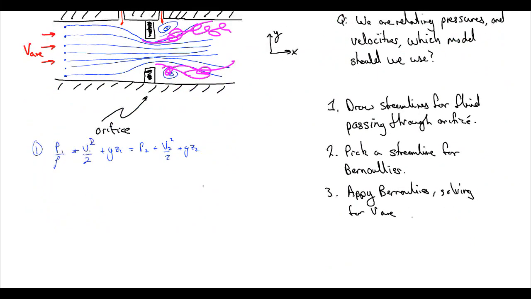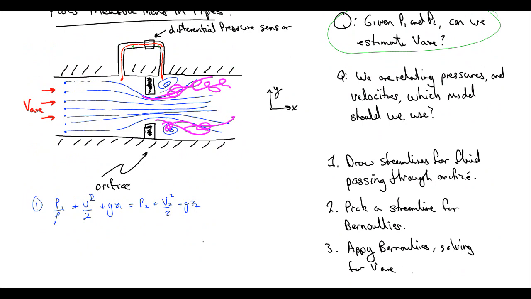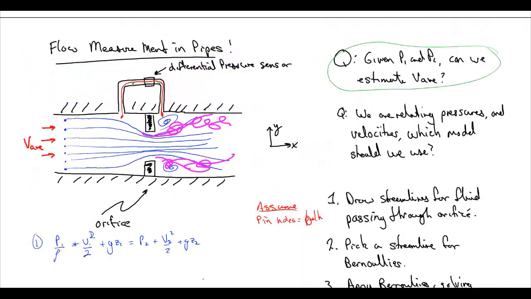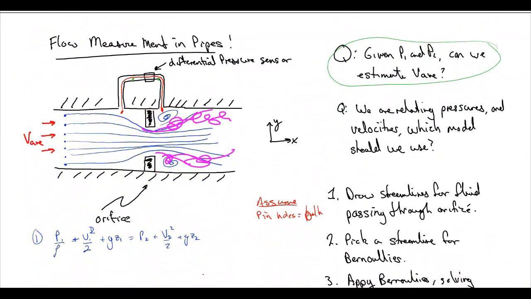So now, just like with the differential pressure sensor, we're going to assume, not orifice, because that's where we're using that term, pressure in holes equals bulk, right? So we're going to assume that the pressure here is relatively equal with the whole center area.